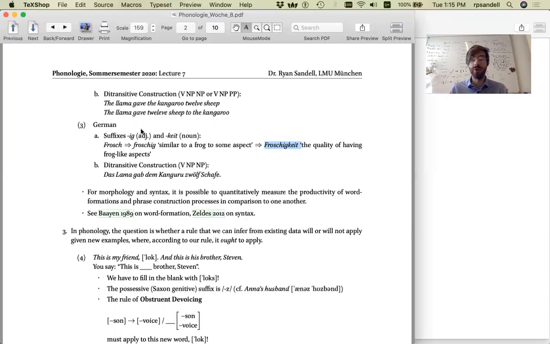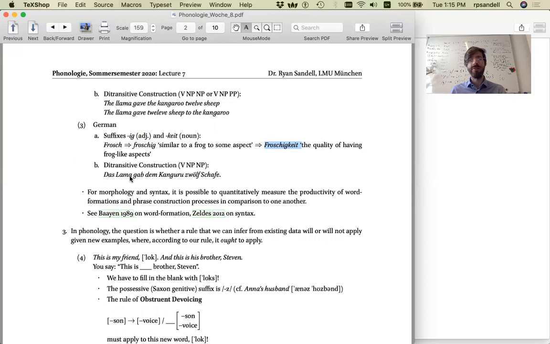And that's precisely the point, that productive processes, whether in morphology, syntax, or phonology, produce outputs that are well-formed, but they generate forms that speakers might recognize that they've never seen before.